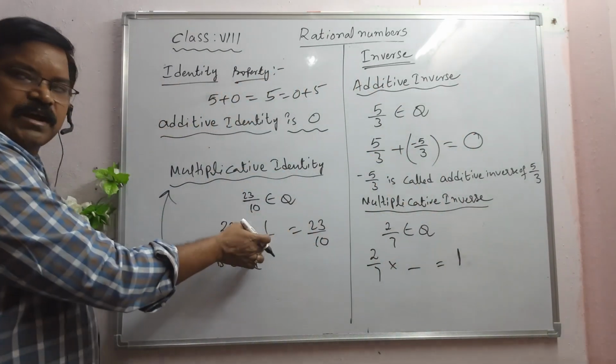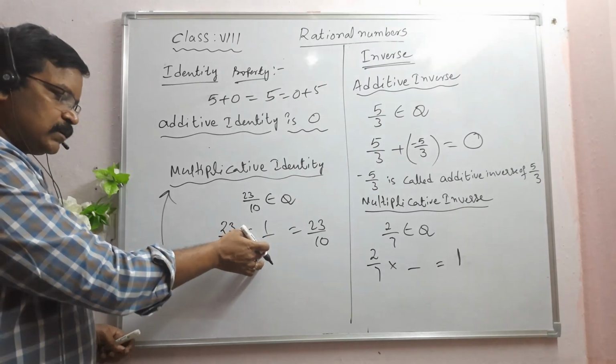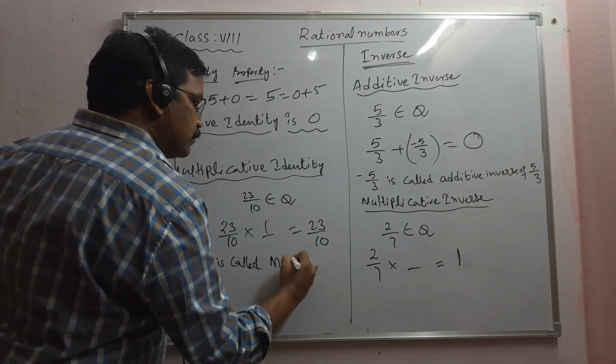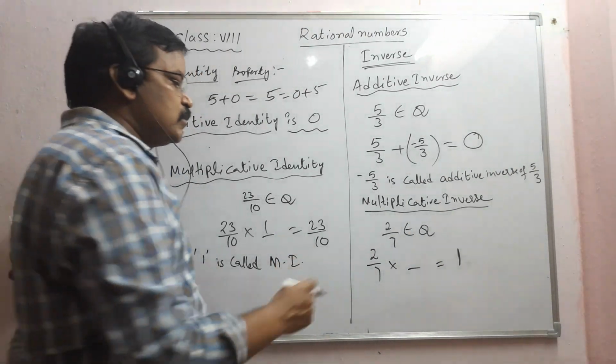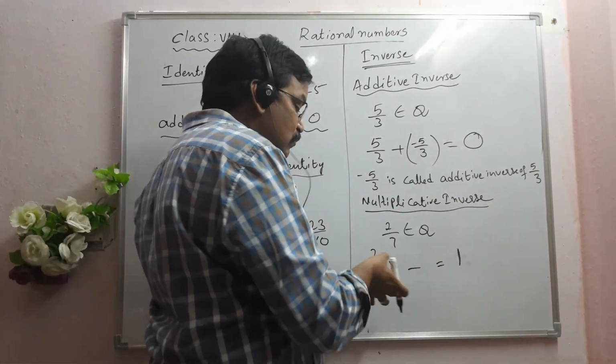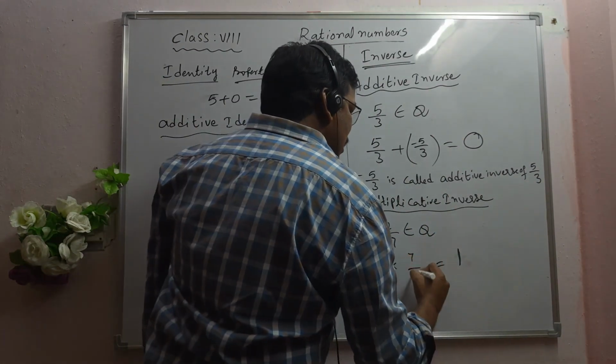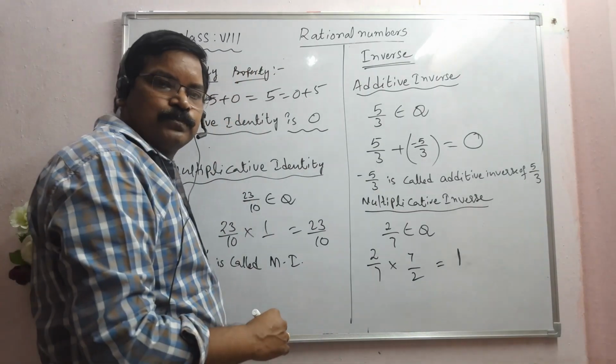The multiplicative identity is 1, as I explained. So what should be multiplied to 2 by 7 to get 1? The answer is 7 by 2.